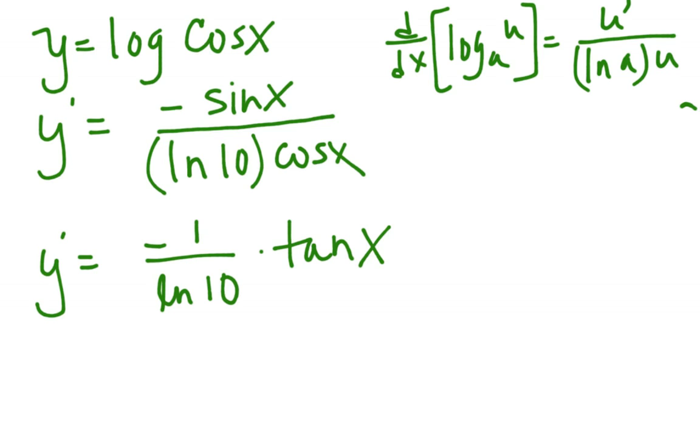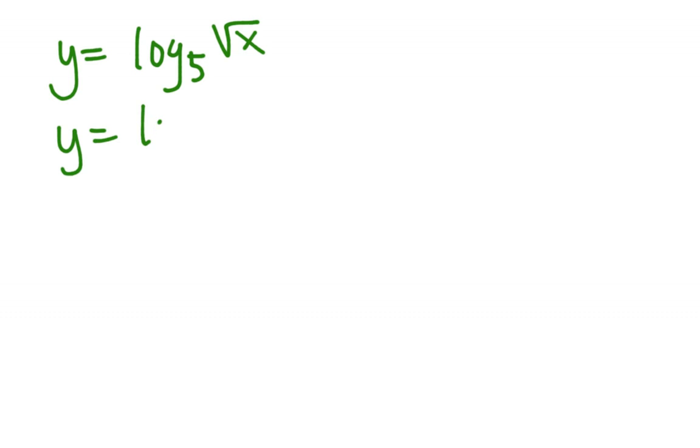Let's do one more. Alright, y equals log base 5 of the square root of x. So, as you know, we're going to do some rewrites here. X is to the 1/2 power. And then what can I do with that power? I can write it as a scale factor.